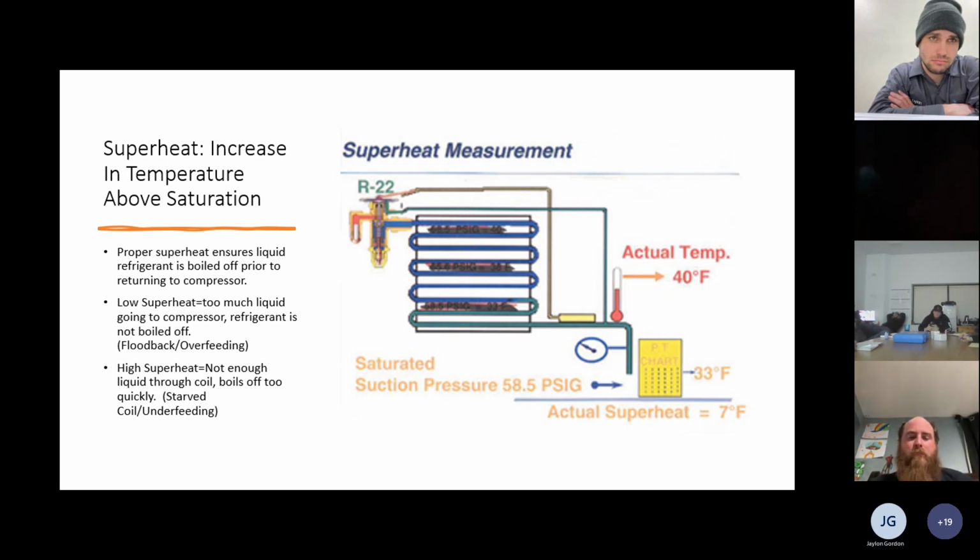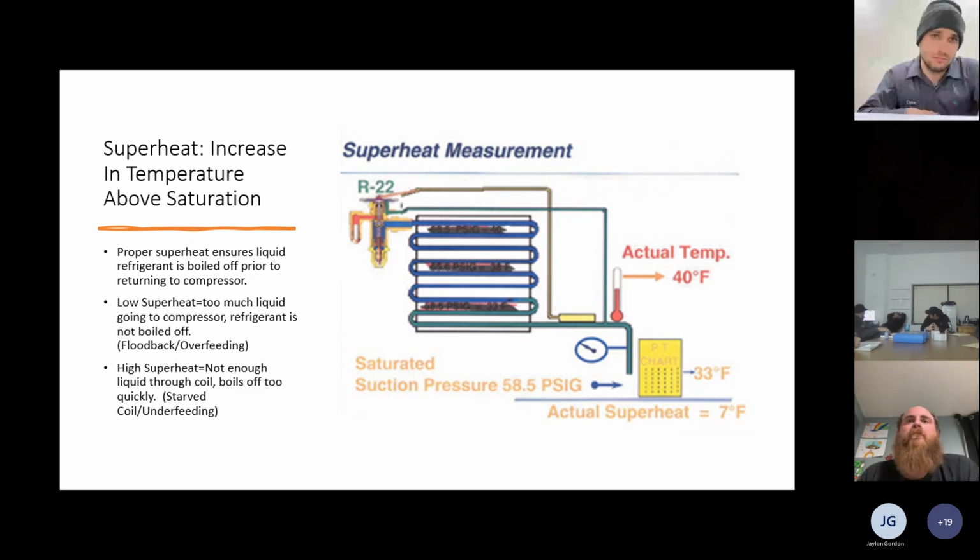Well, whether negative or too low. If you ever check out the engineering side of it, you've got the PH chart, and you'll notice that anything on the left side of the dome is all liquid, and then it becomes saturated, then it turns into a vapor.